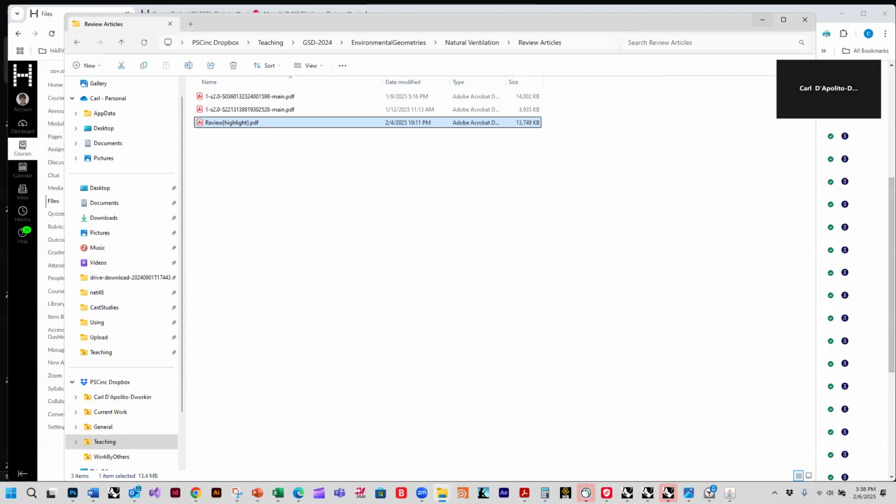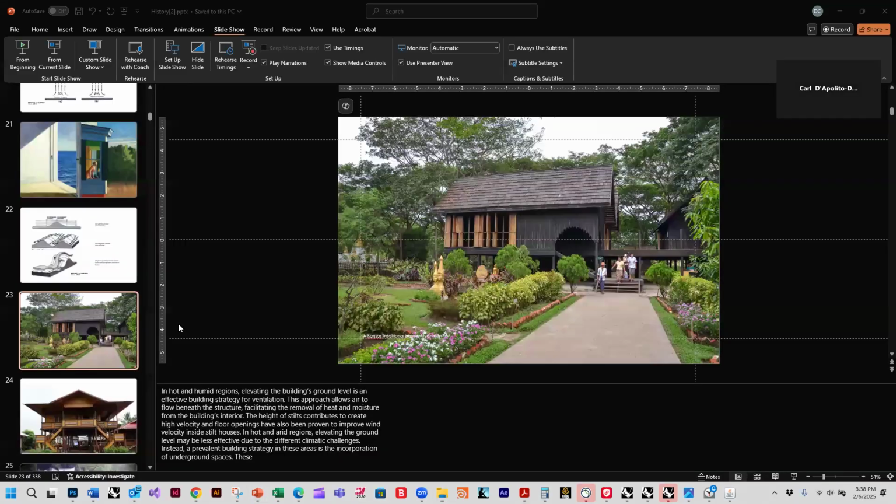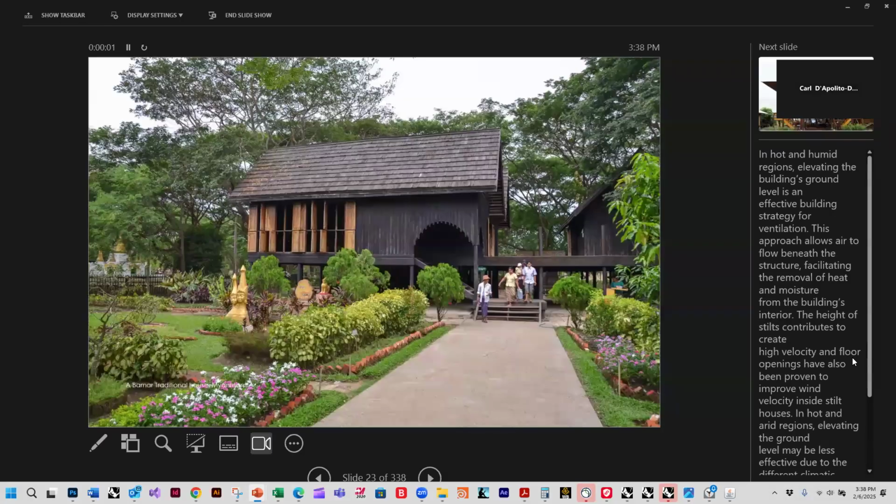Okay, so if I go back to my slide presentation, these are still dwellings. There are many. This is in Myanmar.